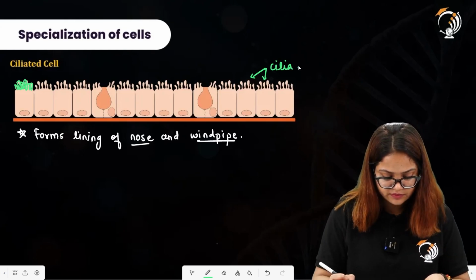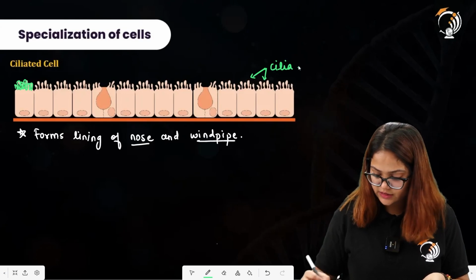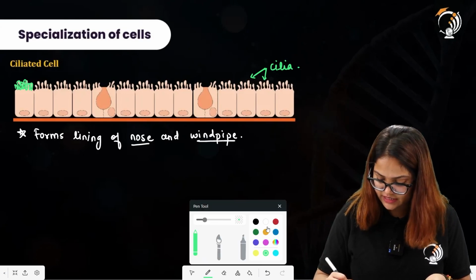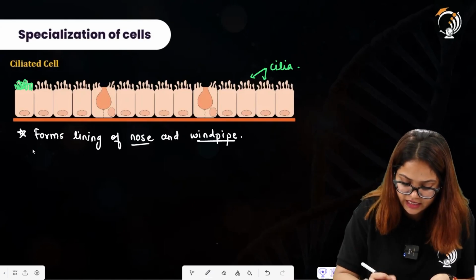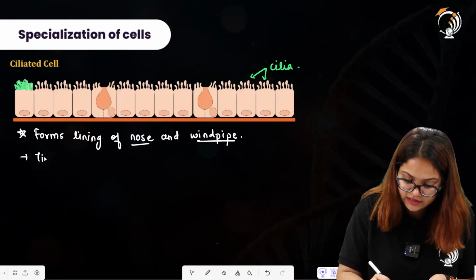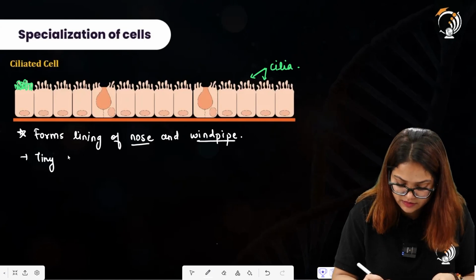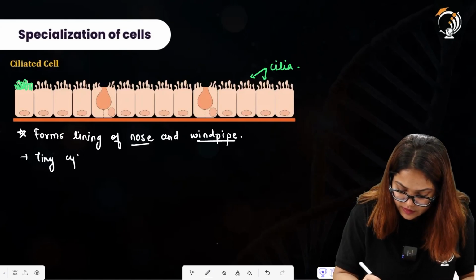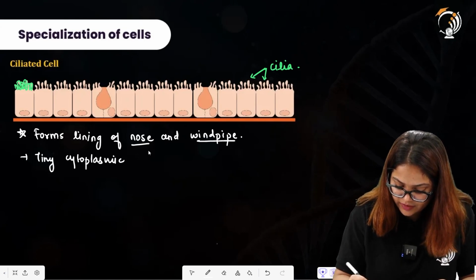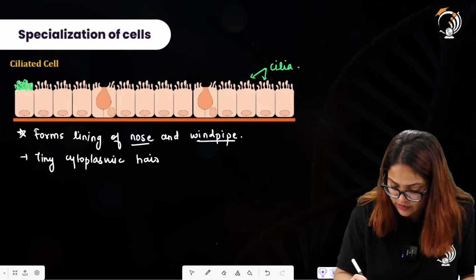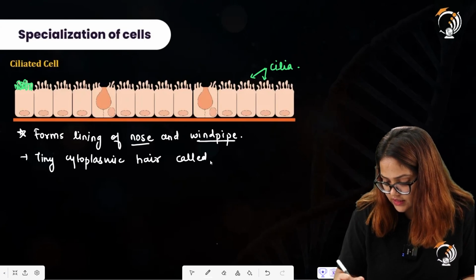Then talking about the features of ciliated cells, these have tiny cytoplasmic hair called cilia.